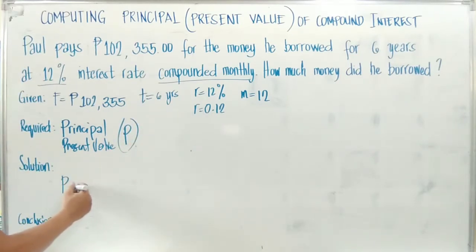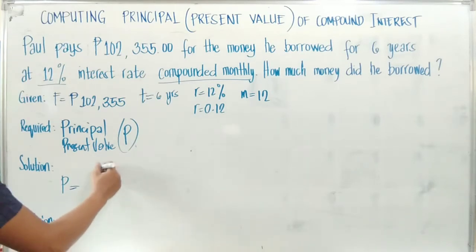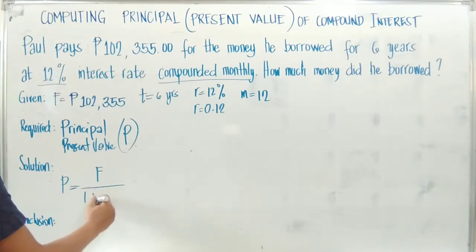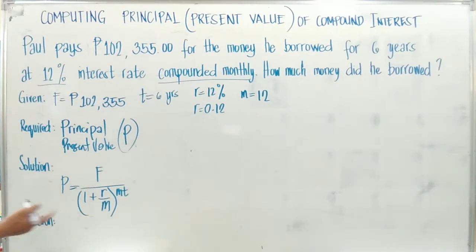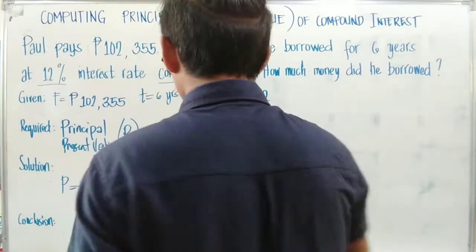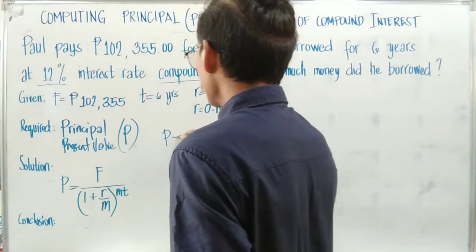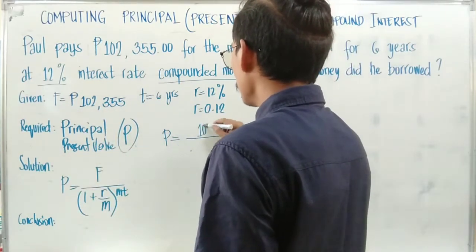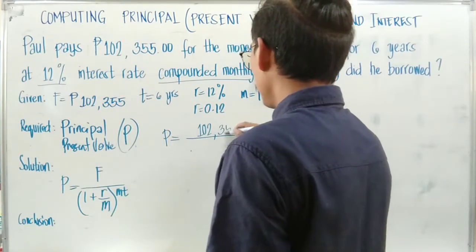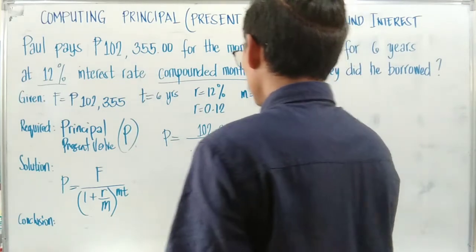And we have your solution using this formula: P equals F over 1 plus R over M, raised to MT. Then substituting to your formula, we have P. Our F from the given is 102,355.